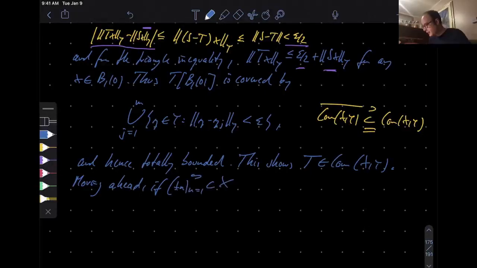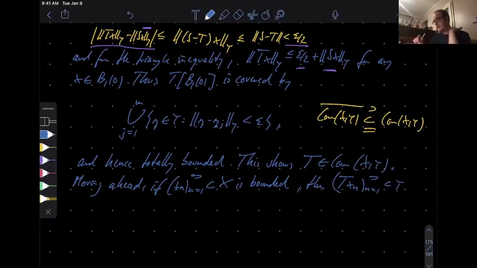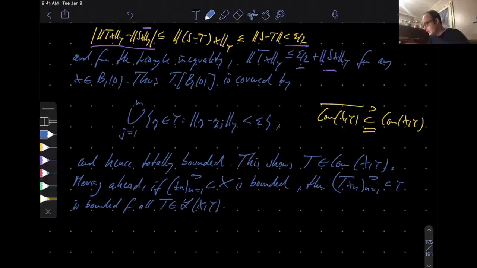So if xn is bounded, okay, then Txn is bounded. So in the third case, T is the bounded one, S is the compact one. The bounded one maps bounded things to bounded things, that we learned in the very first week. That holds for all bounded linear transformations from X to Y. That's clear, right?